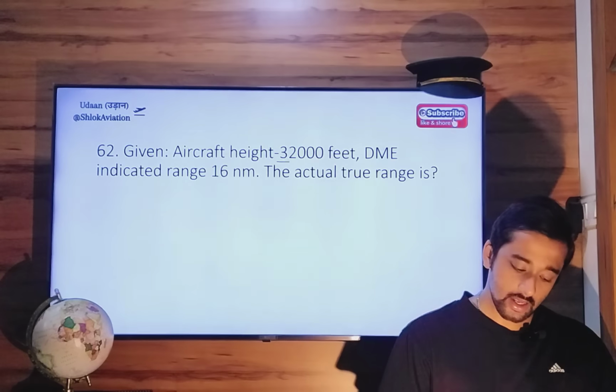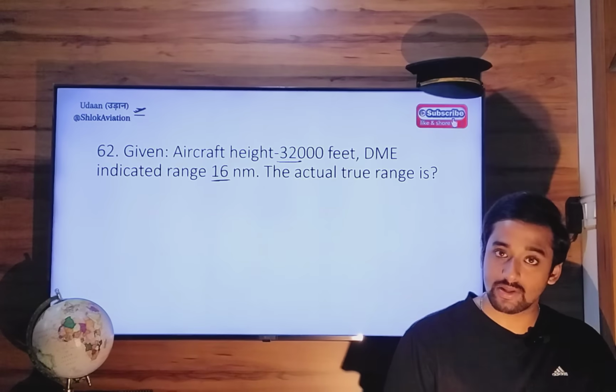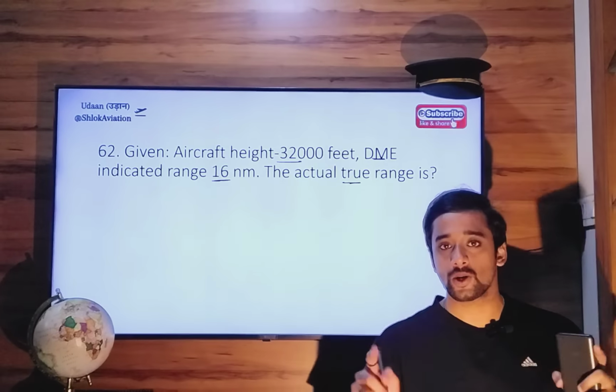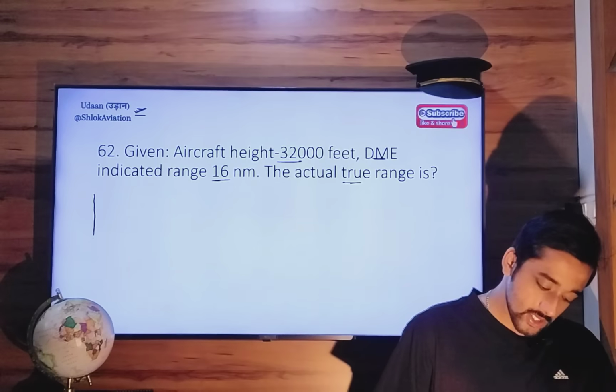Next, height is given. DME range means slant range is given. What is true range or actual horizontal ground range? So this is your triangle.